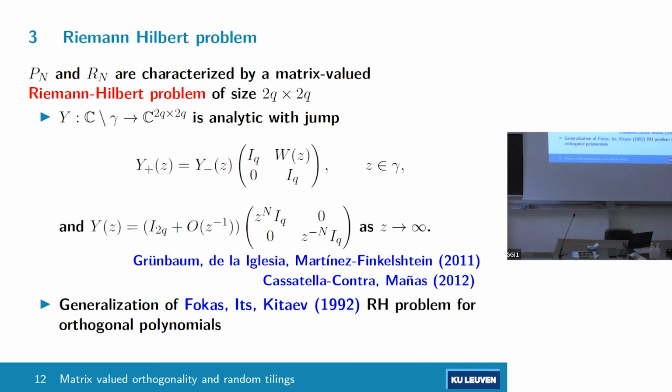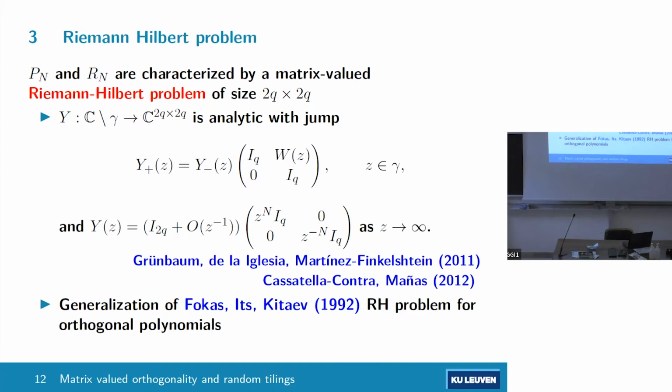This was first expressed in two papers about 10 years ago, but it's a rather straightforward generalization of the Fokas-Its-Kitaev characterization for orthogonal polynomials in terms of a Riemann-Hilbert problem, where it's only 2 by 2. So the main difference is that the size is bigger than 2 by 2.